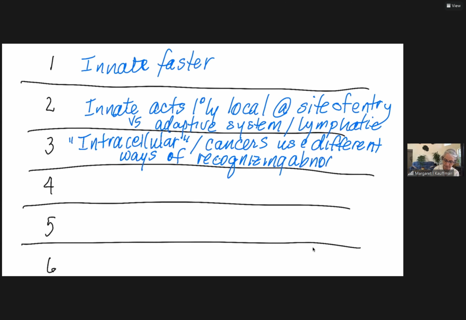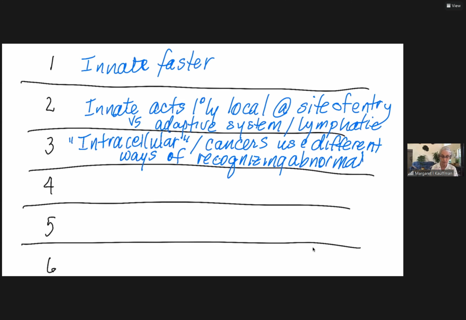Because as you'll see when we get there, or you may have seen already if you've listened to the lecture, once they do, they often use some of the same tools to eliminate this abnormal cell, but they recognize that it's abnormal in different ways.